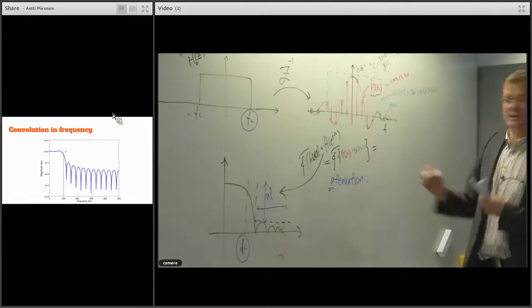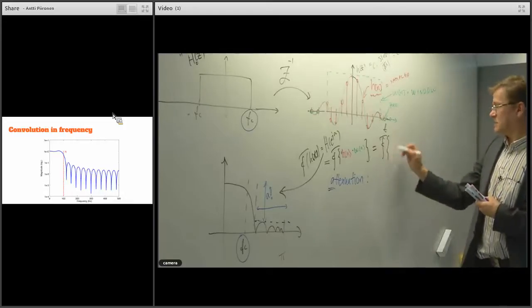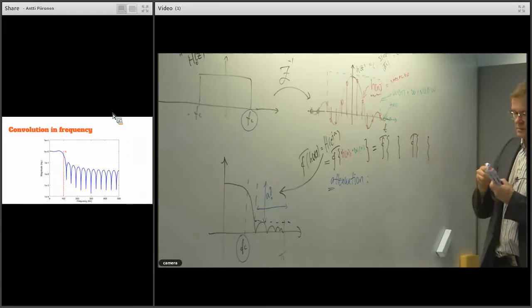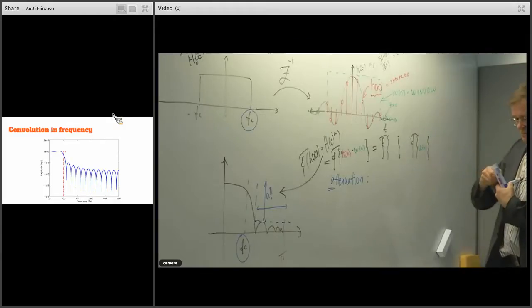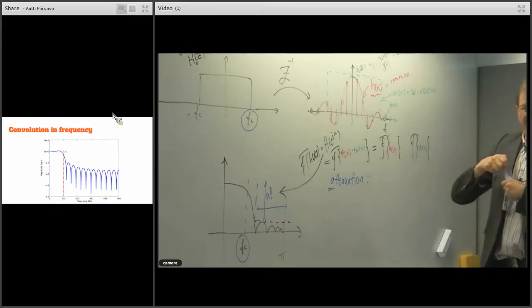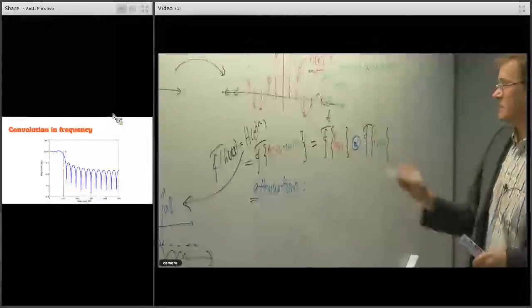The heavy part is here. This is the same as taking these separately, w of n and h of n, and then applying convolution in frequency space.